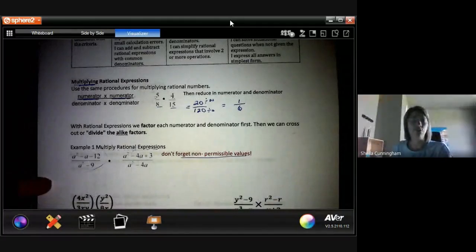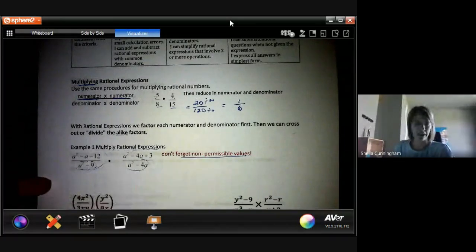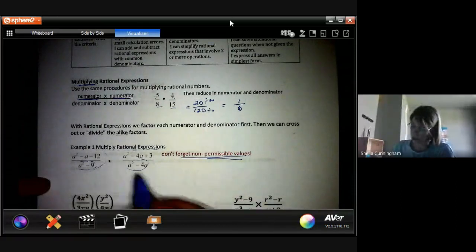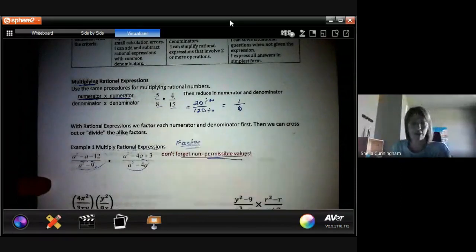What values would we put in for A here that wouldn't work? Meaning, I don't want to get 0 down in the denominator, right? So that's one thing that we have to address moving forward as well, just to watch for those non-permissible values. The other piece, when you can, you're going to factor.